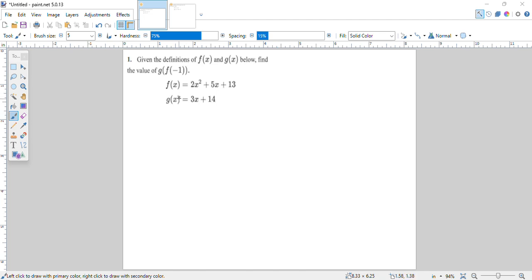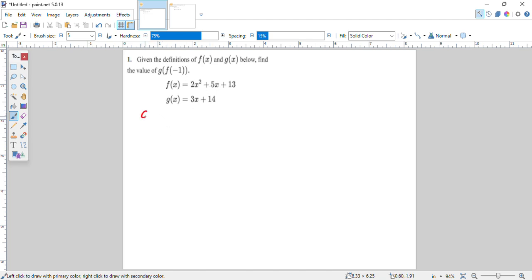The first way, let's treat this like we have been treating our composition of functions. This says, given f of x and g of x, they want g of f of x.